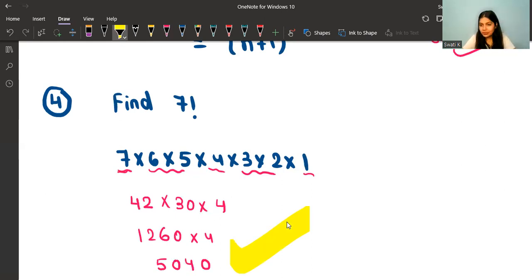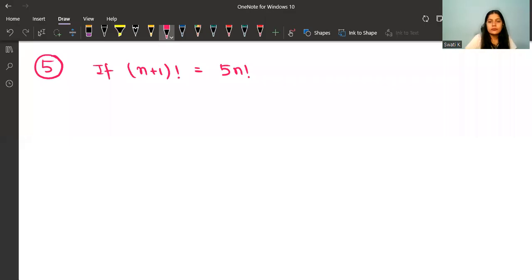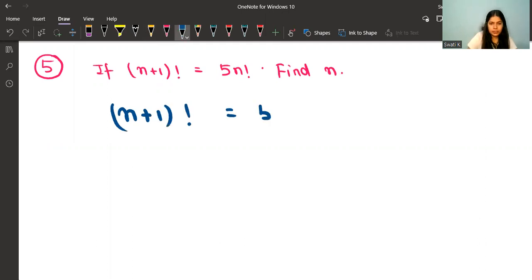All right, let's move to the next question. Okay, so this is the question. If n plus 1 factorial is equal to 5n factorial, we have to find the value of n. So what we can do here, we can simply write down the given condition, that is n plus 1 factorial is equal to 5n factorial, the very first thing that we can do.